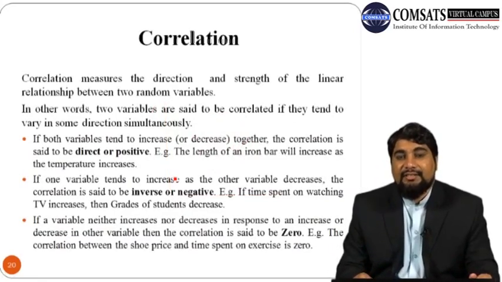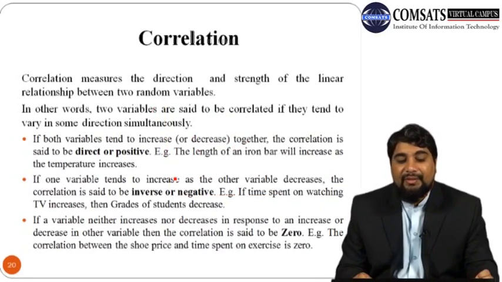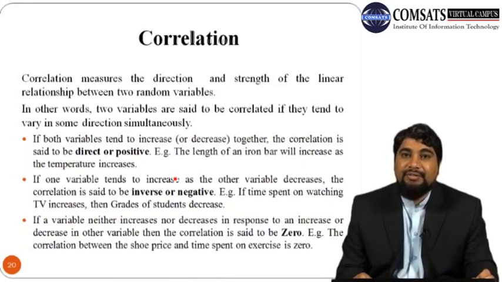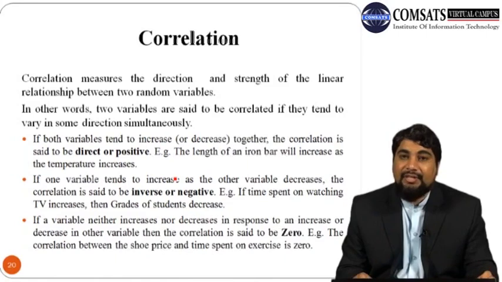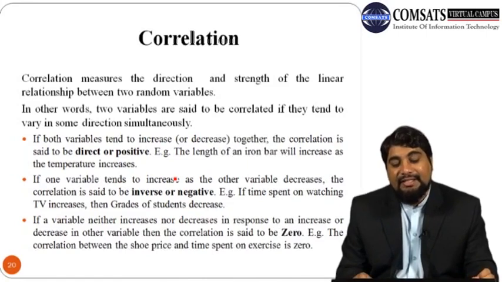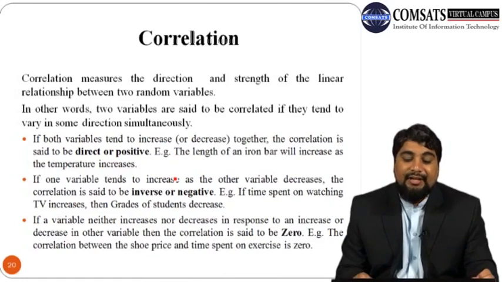So let us discuss the concept of correlation. Correlation measures the direction and strength of the linear relationship between two random variables. In other words, two variables are said to be correlated if they tend to vary in some direction simultaneously. So if both variables tend to increase or decrease together, the correlation is said to be direct or positive.